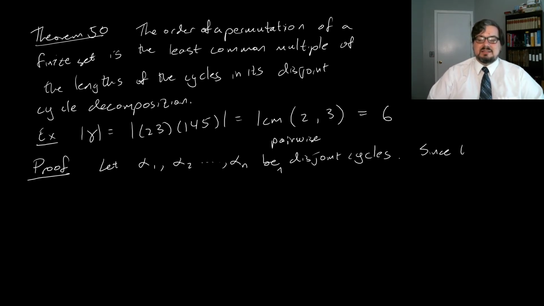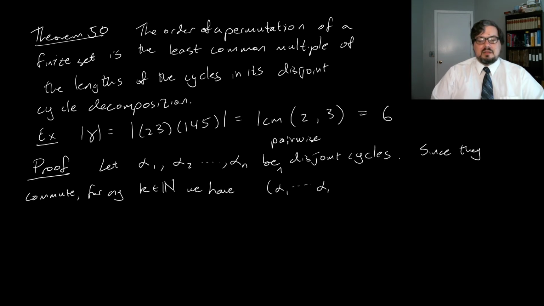So since they commute, for any k, a natural number, we have that the kth power of their product is equal to the product of their kth powers.